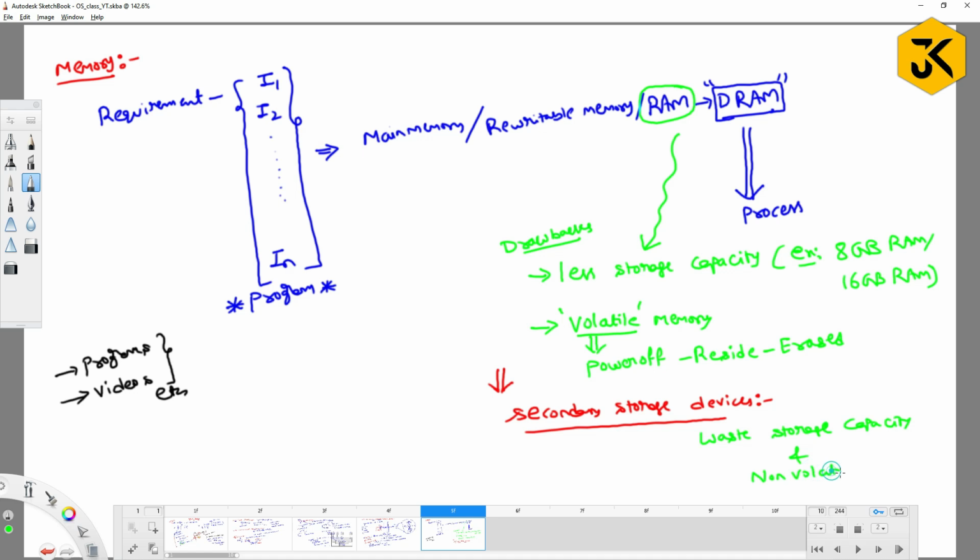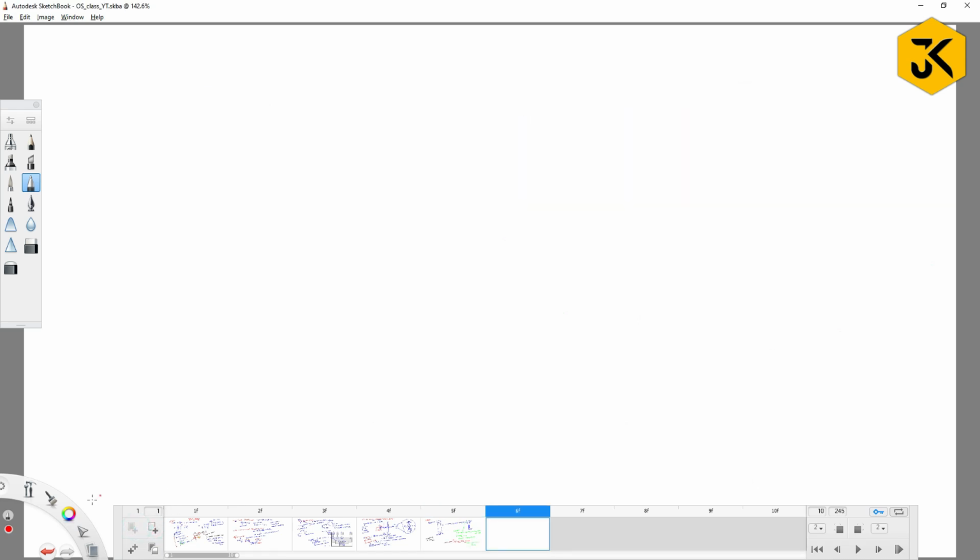When the system has a power failure, our data won't be lost. This data is going to be stored permanently. Secondary storage devices, which I can call external devices, can store the data. So that is the reason we go for various kinds of external devices.